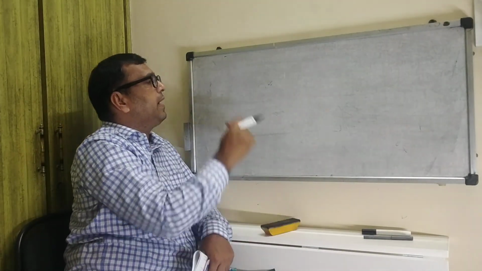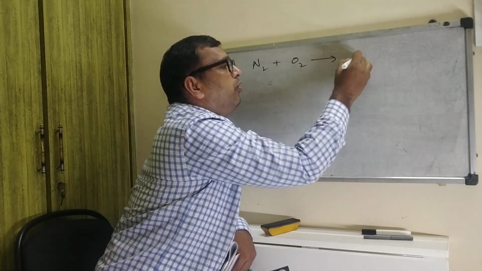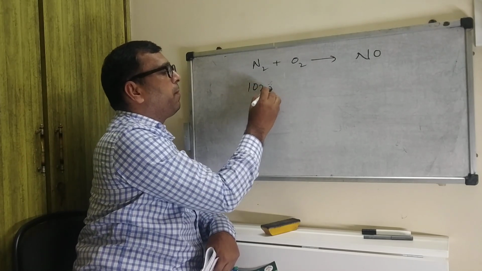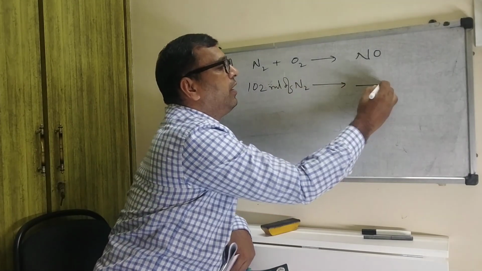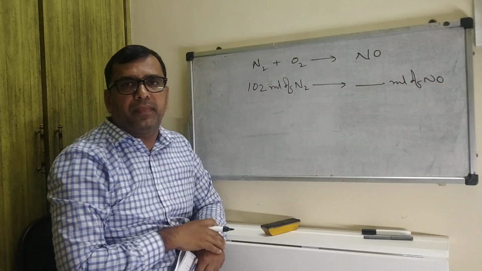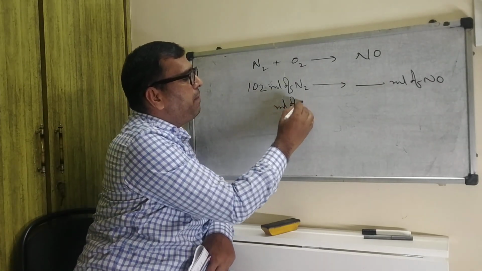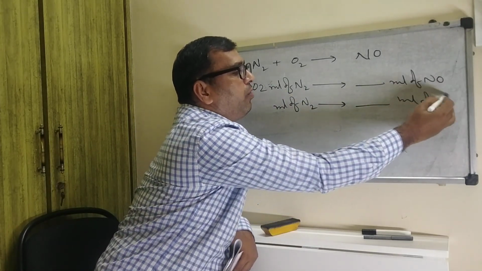Suppose you take nitrogen, N2, reacting with oxygen to form NO. Suppose 102 ml of nitrogen gives how many ml of NO? How are you going to calculate? The given information is in ml, so ml of N2 equals ml of NO. Why?